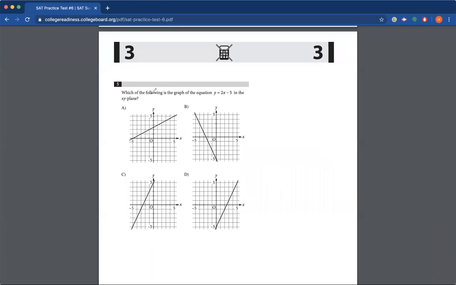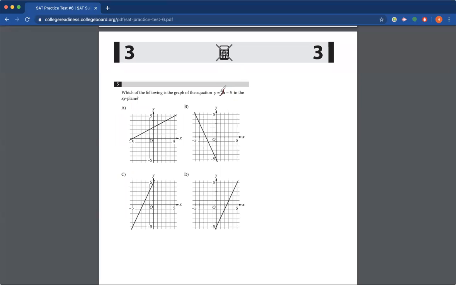Okay, which of the following is the graph of the equation y equals 2x minus 5 in the xy plane? So whenever we see this -5, this is the y-intercept. So the line has to cross at -5, somewhere here. So it can't be A, can't be C. And now we see that it has a positive slope.